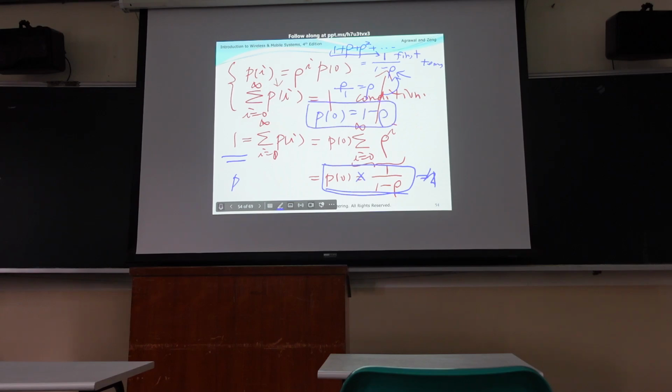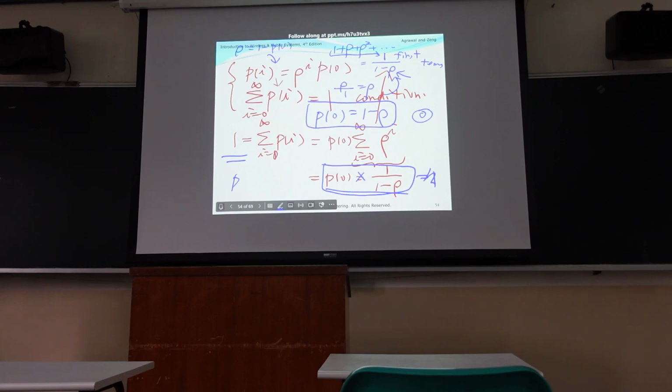So this is the zeroth equation, right? Once we have the zeroth equation, then substitute this one into the form here. We just need to have a rho. So we have rho equal to 1 minus P of 0.